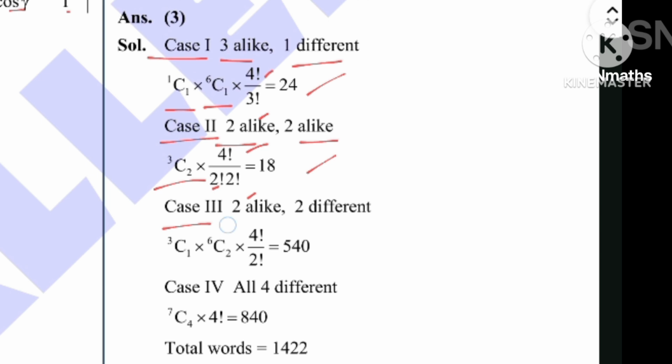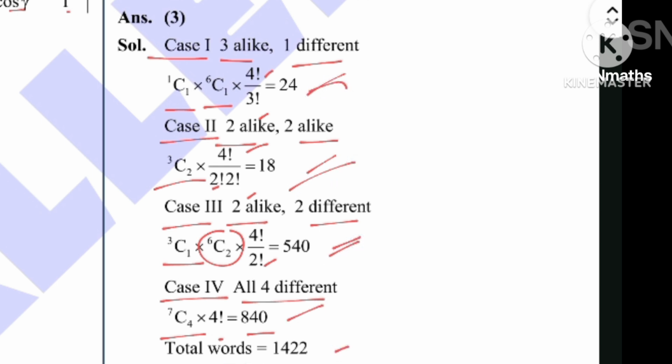Case 3: 2 alike, 2 different. 3 groups can be selected, 3C1, the remaining 6C2 into 4 factorial by 2 factorial, that is 540. Case 4: all 4 different. 4 letters can be selected, 7C4 into 4 factorial, that is 840. Total: 24 plus 18 plus 540 plus 840 is equal to 1422.